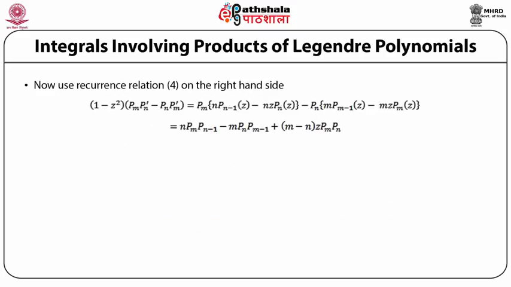Now, by using the recurrence relation on the right hand side, we get (1 minus z²) (Pm Pn′ minus Pn Pm′) is equal to Pm multiplied by [n into Pn−1(z) minus n into z into Pn(z)] minus Pn multiplied by [m into Pm−1(z) minus m into z into Pm(z)].